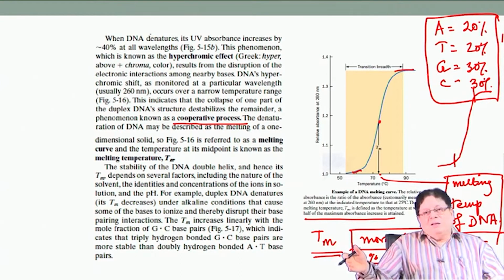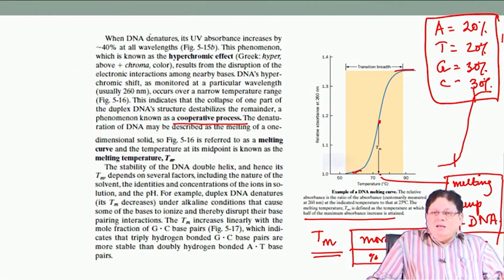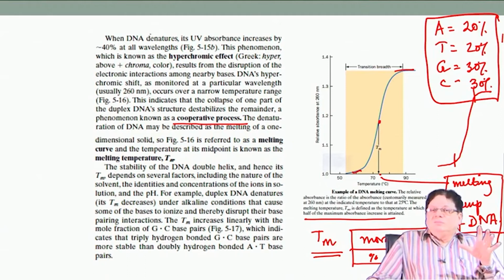Okay. Then Tm also depends on, suppose you are determining Tm of a DNA in presence of a molecule which disrupts hydrogen bonds, like urea. Urea is a famous molecule which disrupts hydrogen bonds in protein as well as in your DNA.